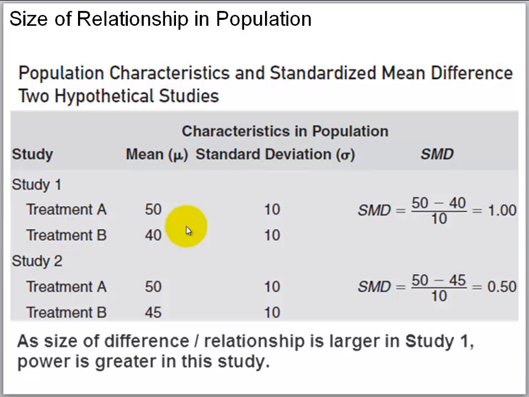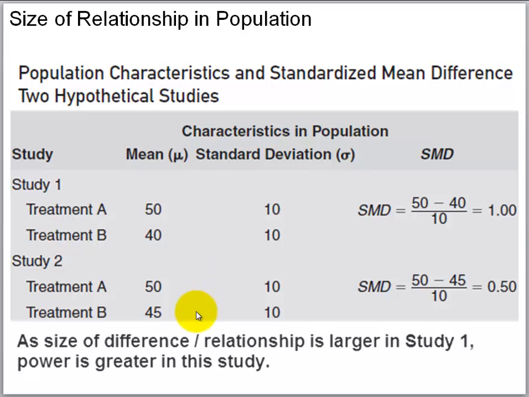So in study 1's population, the mean for treatment A is 50, and for treatment B it's 40. The standard deviation in both groups is 10, and so we can calculate a standardized mean difference in the population. And so that standardized mean difference would compute to 1. We're dividing the difference in means by the common standard deviation of 10.